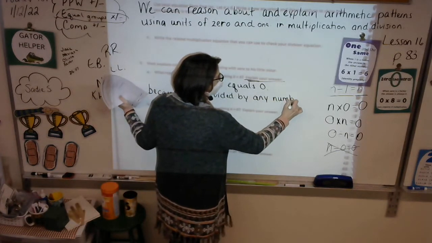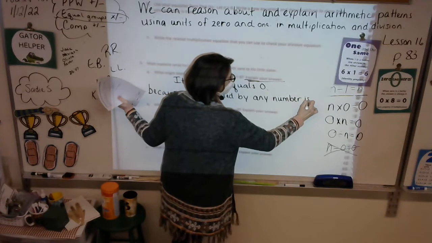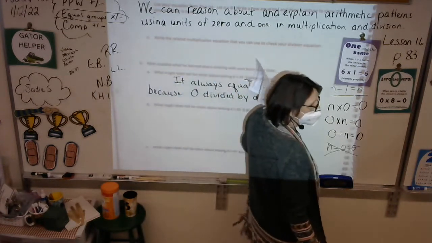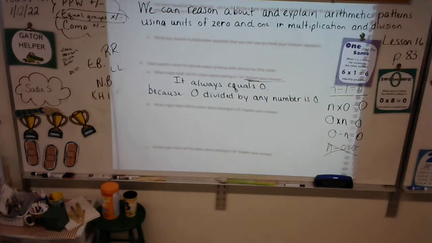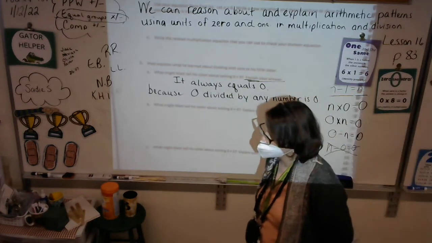Now I'll give you a minute to write this. So when it says explain, what word are we going to use? Because. Yes. Well, I can help you write, but you're going to have to learn to write small.